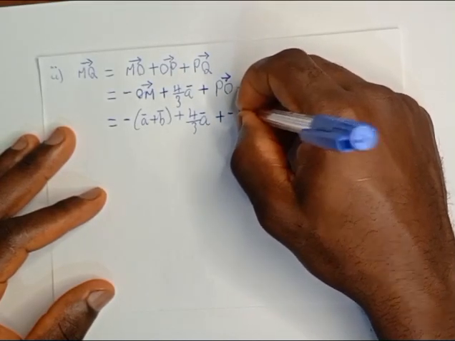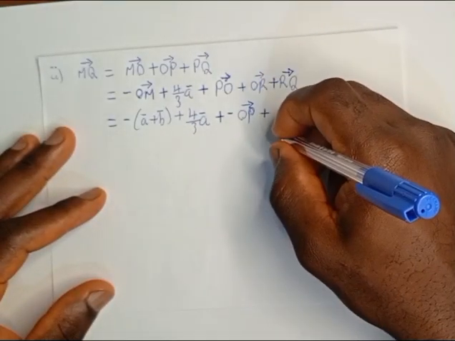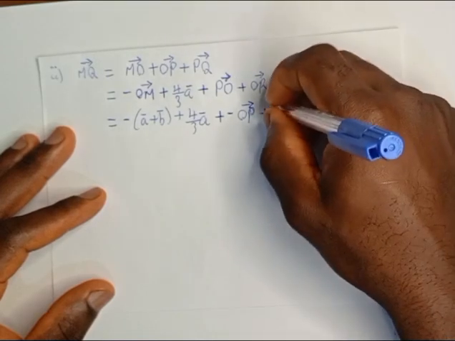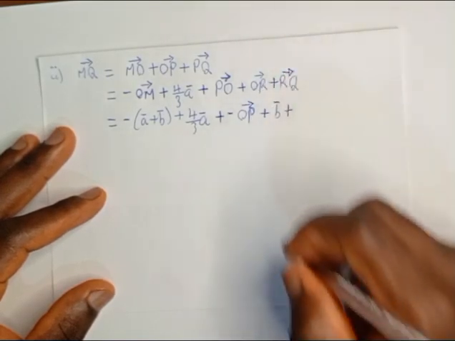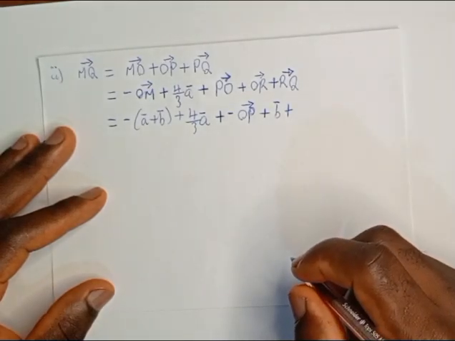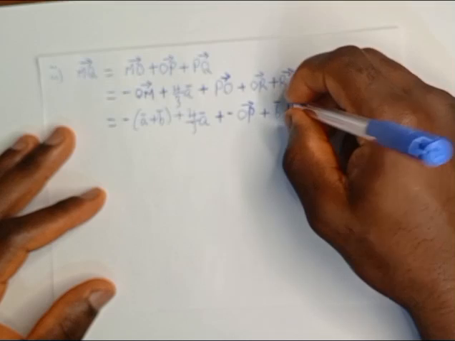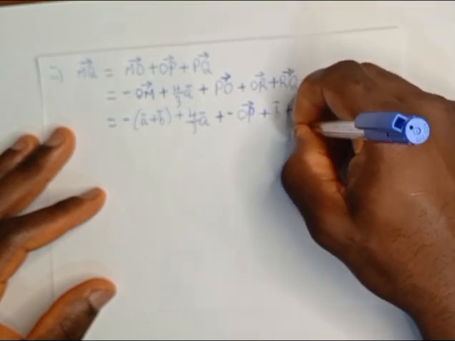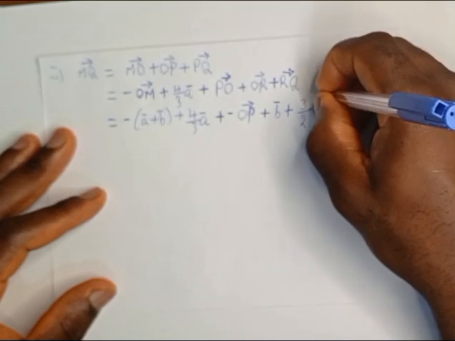They have the same magnitude but different directions, plus vector OR, which is equal to B bar, plus vector RQ. Vector RQ is the same as 3 over 2 OP vector.